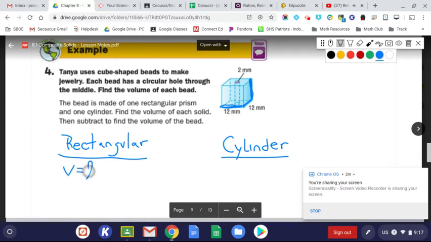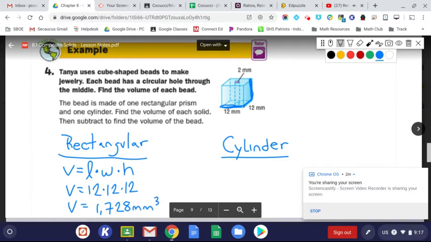It's the length times the width times the height. In this case, it's 12 times 12 times 12, or in other words, 12 cubed, which gives us an answer of 1,728. And that's millimeters cubed.